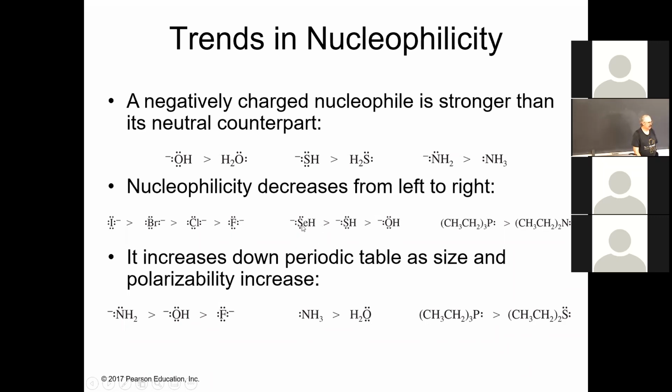The SeH minus ion is stronger than the SH minus, which is stronger than the OH minus. And then going over one more column, triethylphosphine is stronger as a nucleophile than triethylamine. So a larger atom is more polarizable. The electron cloud is more fluid.